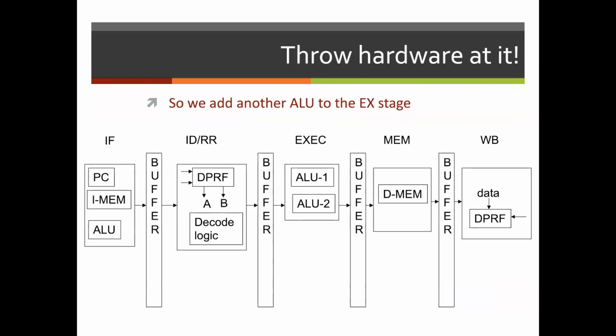We can incorporate a second ALU to do the operations in one cycle. This allows both of the operations to occur during the execute stage, and that way the ALU can handle either computation that is needed.